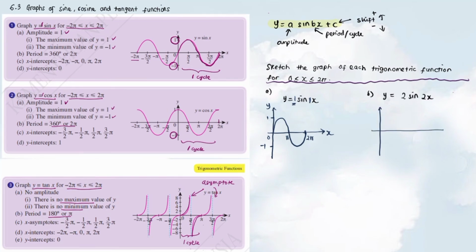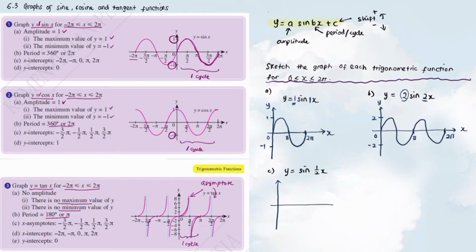Next, y equal to 2 sin 2x, so the period is 2 and the amplitude is also 2, so 2 cycles to reach 2 pi. The maximum is 2, the minimum is negative 2 because the amplitude is equal to 2. Hence, label your y-axis and x-axis.